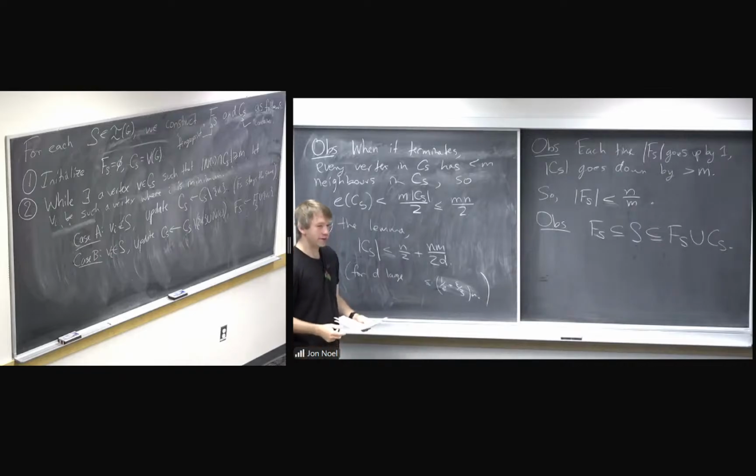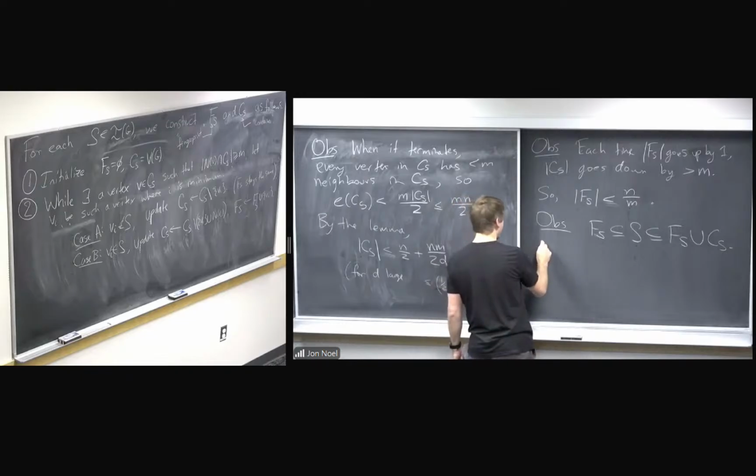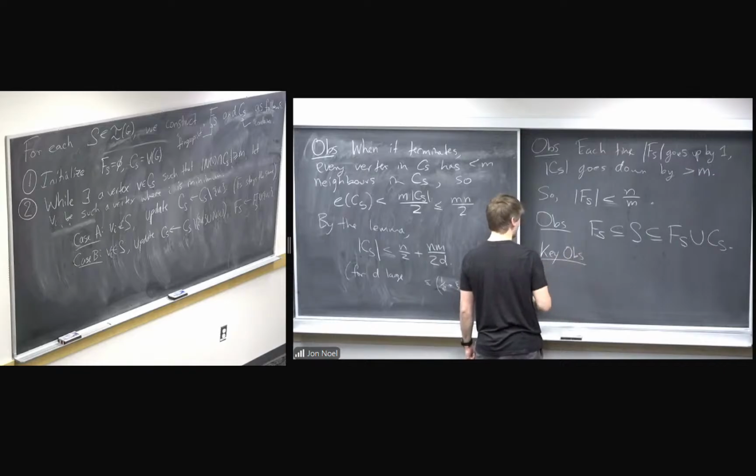Okay, any questions about this? It's kind of a lot to process. So here's the super key observation. All of this stuff is important, but this is the thing that makes everything work.